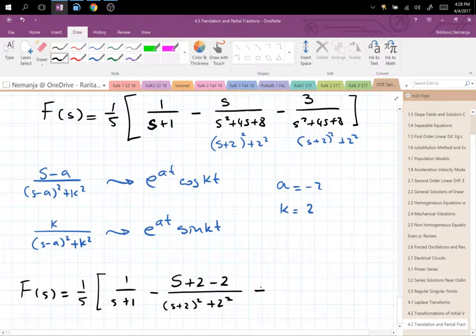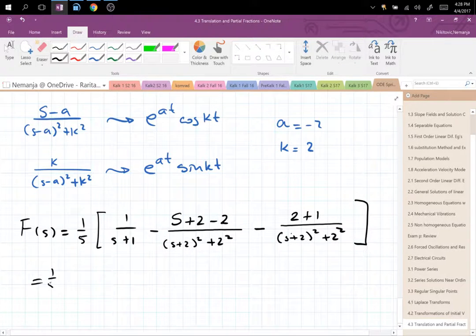Minus the other one, which I need to write as 2 plus 1, divided by s plus 2 squared plus 2 squared, so that I can use our formulas.